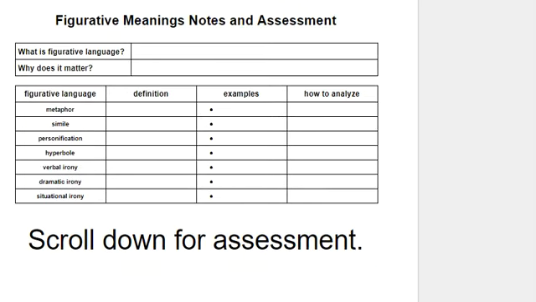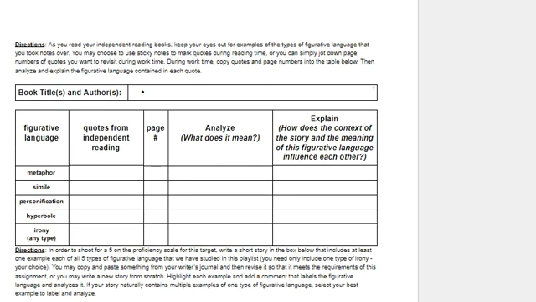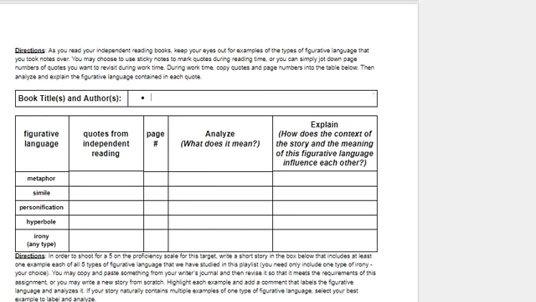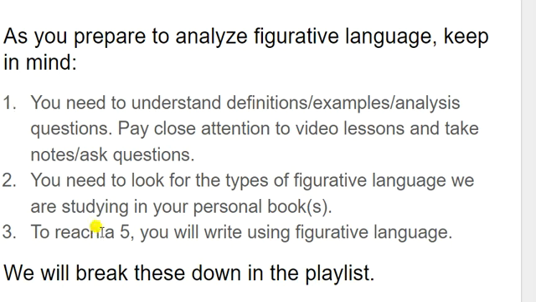But the point is, you really need to understand all of the notes up here that you're going to take over my video to be able to apply that and get all your points on this proficiency scale. And in fact, to reach a 5, you'll have to write your own story using figurative language.